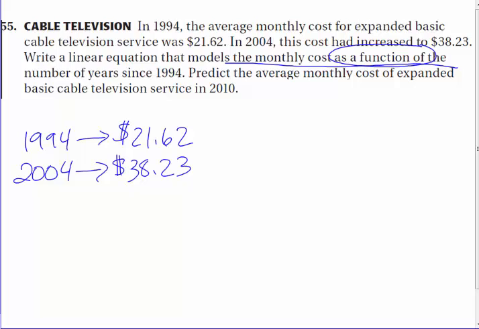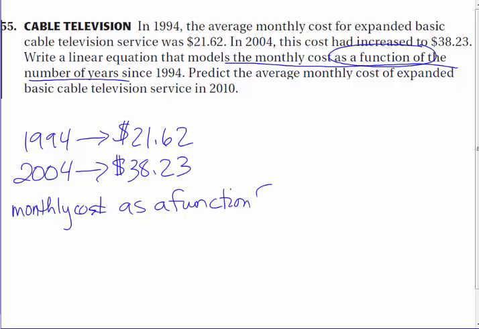As a function of is a very important phrase, especially when you're trying to translate from a word problem. We have monthly cost as a function of number of years. So I did some abbreviating. Okay, when I use that, that means number.